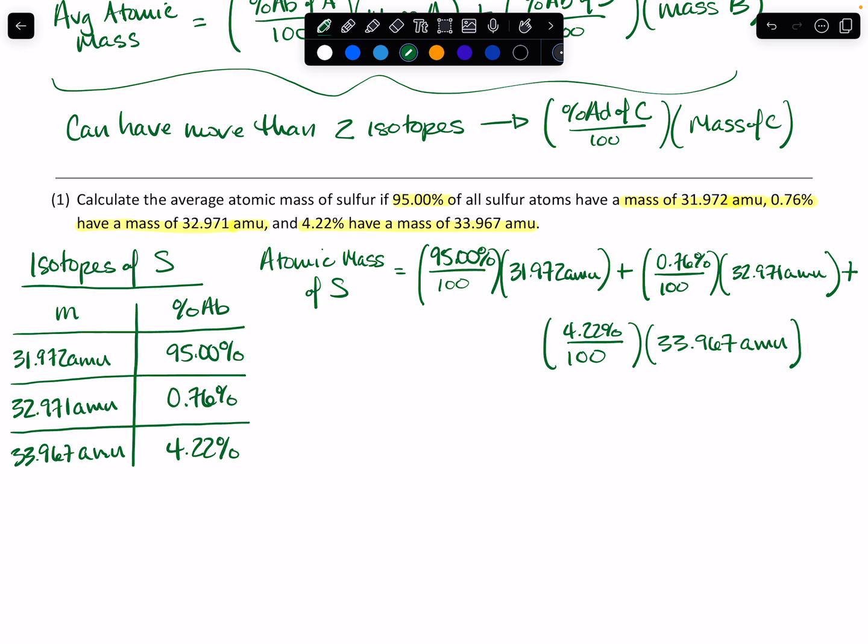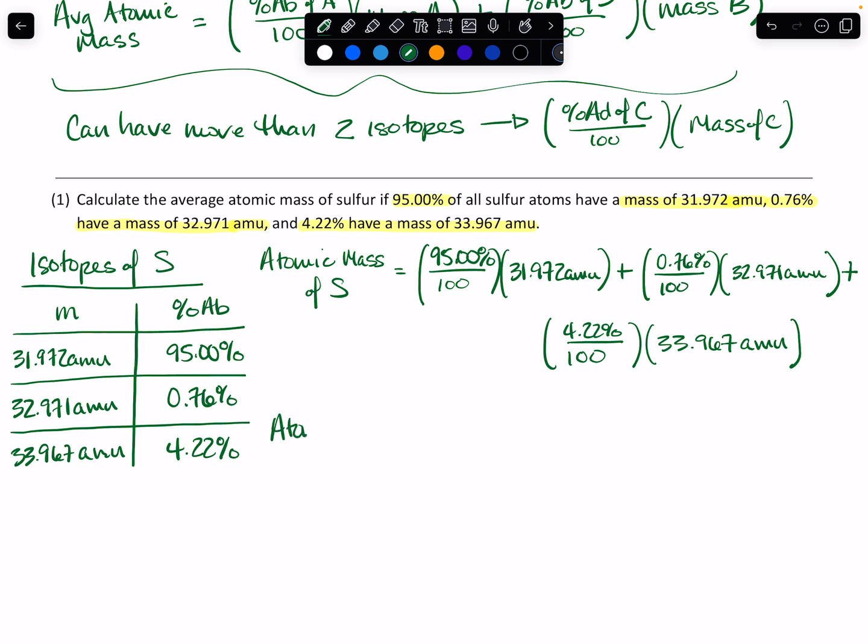So if you picked up 100 atoms of sulfur, 95 of them should weigh around 31.972 AMUs. That means the average atomic mass should be close to 32 AMUs. When we're done with our calculation, we'll see if that's the case. If it's not, then we've done something wrong and we need to go back and check our math.